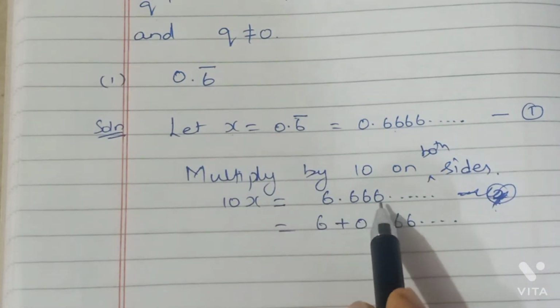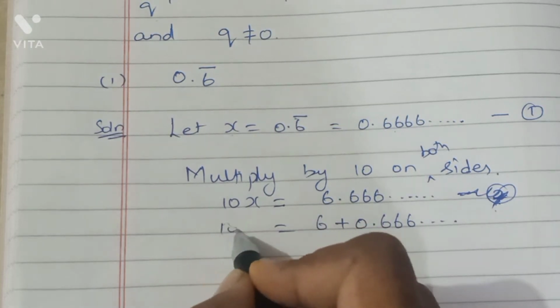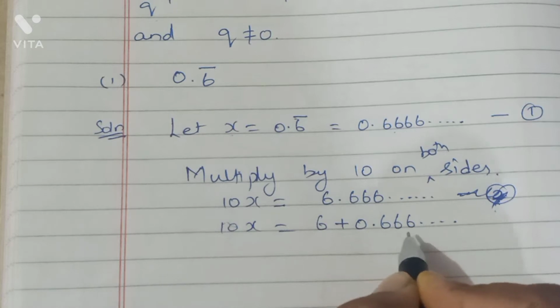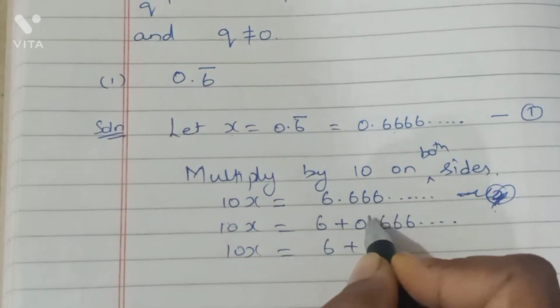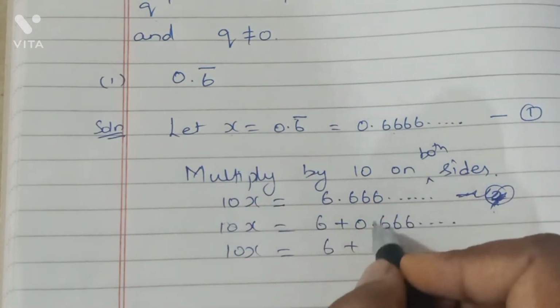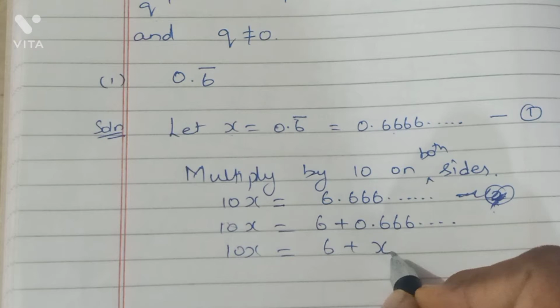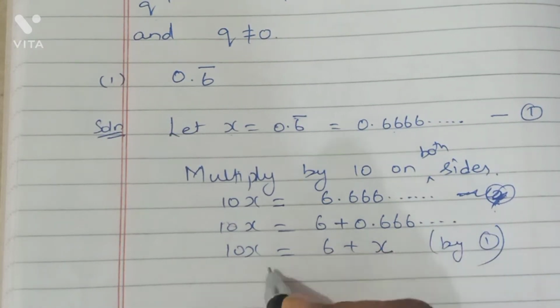Okay. So 6.66 எப்படி ஸ்ப்ளிட் பண்ணா 6 plus 0.666. So 10x is equal to 6 plus 0.666, that is x. So the value of x is 0.666, as in equation 1.